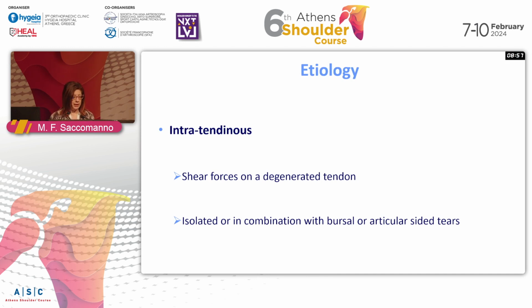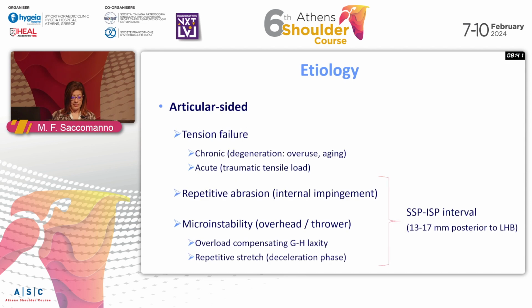What about the etiology? All these types of tear, for the articular and the bursal side, can be acute, so traumatic, or degenerative. Intratendinous tears are almost always degenerative, of course, and they can come isolated or in combination with bursal or articular-sided tears. Historically, when we think about articular-sided tears, we expected to find them in a young population, like athletes, because they usually come from internal impingement, so repetitive abrasion and microinstability, and usually this tear localizes between the supraspinatus and the infraspinatus interval.